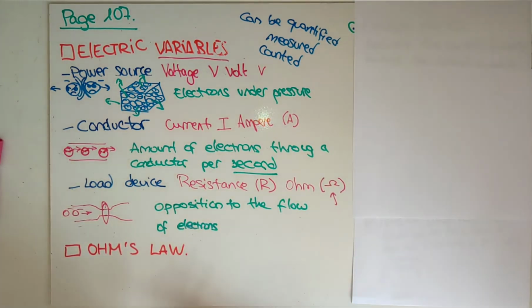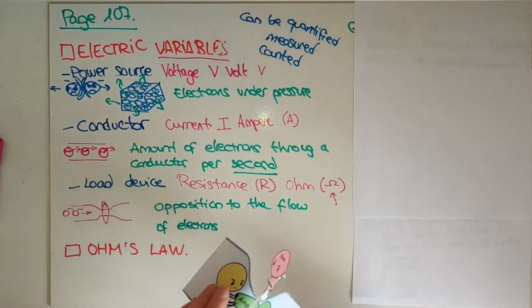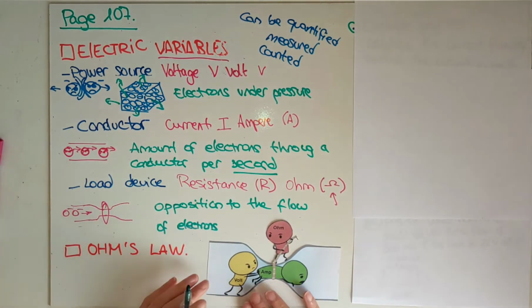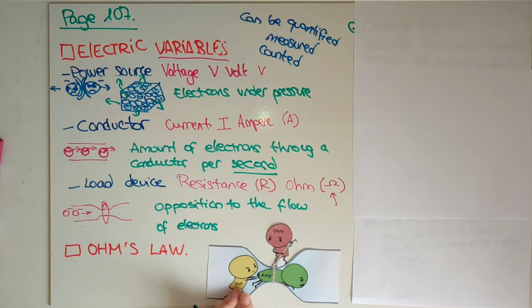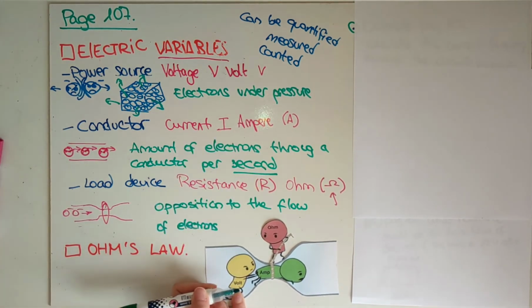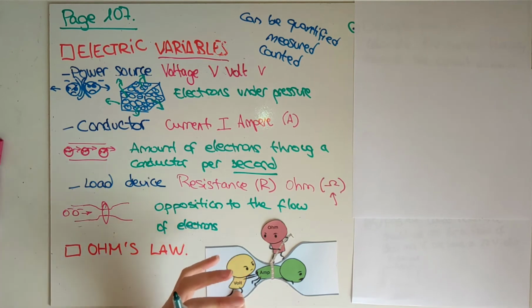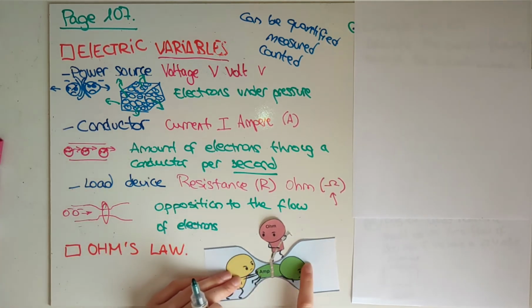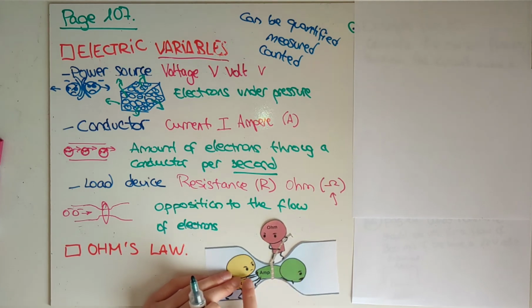There is a relationship between these parameters. On the left, we have the volt. The volt is the unit, okay? The voltage is trying to move the current, okay? The current is the green one.